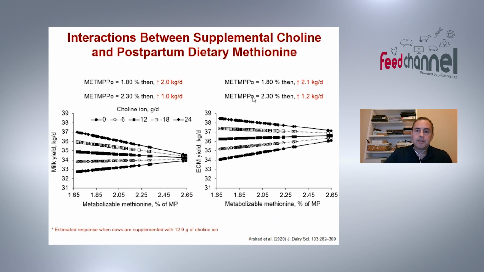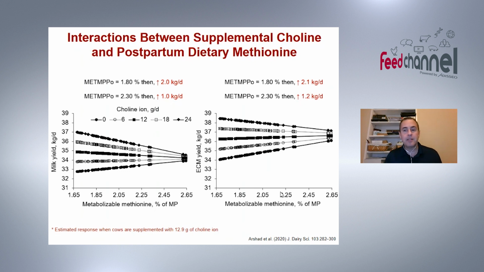So if we look at when metabolizable methionine was 1.8% of the metabolizable protein of the diet, the response to 12.9 grams of choline ion was 2.1 kilograms of energy corrected milk. When cows received the same amount of choline ion in a rumen-protected form, but the diet now contains 2.3% metabolizable methionine, they still respond positively, but the response was less, now 1.2 kilograms of energy corrected milk.